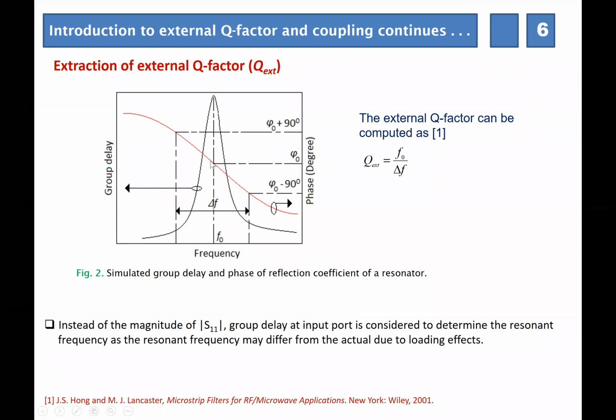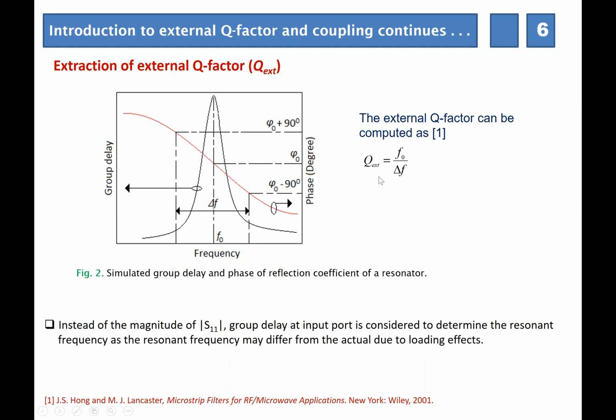At resonant frequency, suppose we have phase phi 0. So we have to find two points where the phase is phi 0 plus 90 degrees and phi 0 minus 90 degrees, and denote those two frequencies.